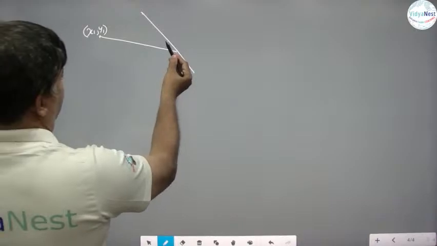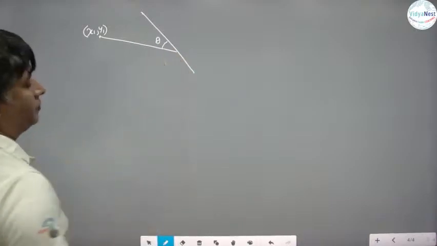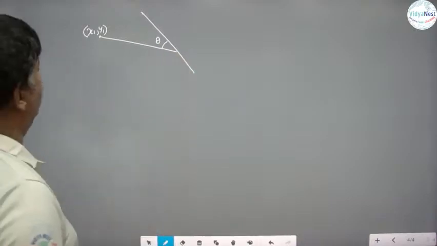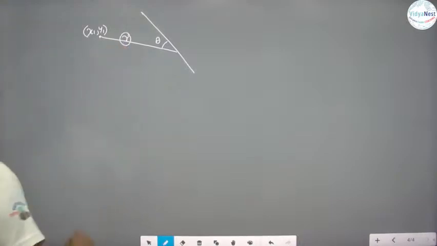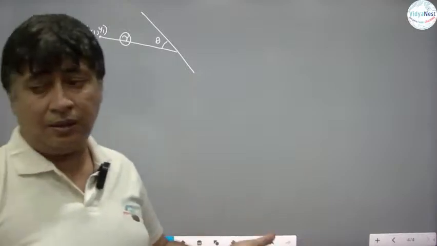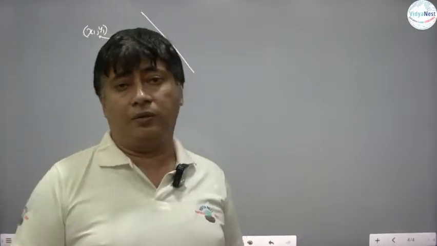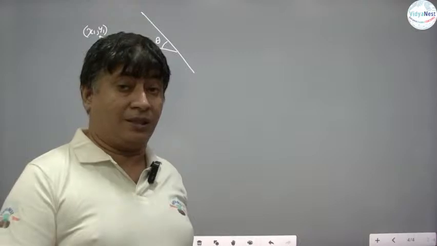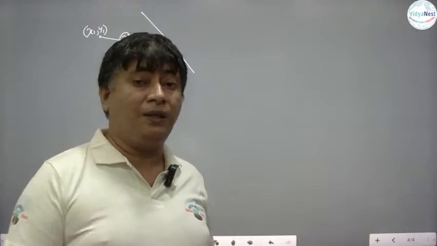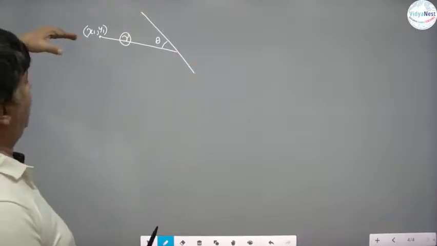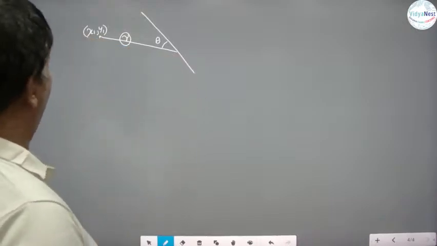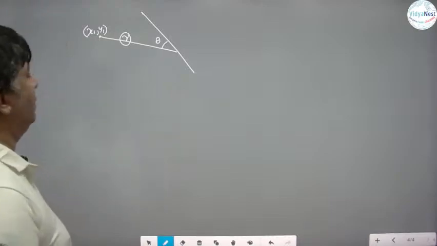And this is theta. Now, this distance is r. What kind of distance is this? Shortest distance? No, because had it been shortest, it must have been perpendicular. But it is any distance. So how to find this?